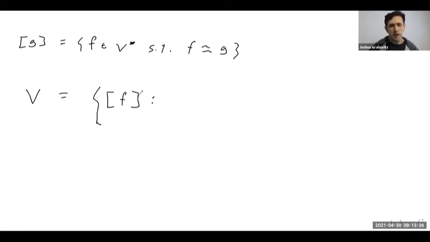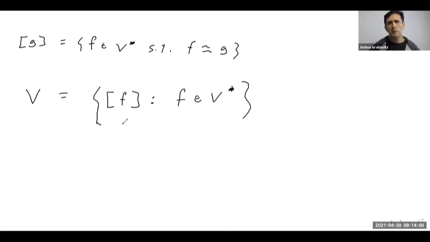And if you go through the integration videos, it'll be abundantly clear why we just don't care. We don't want to distinguish between two functions that differ on a set of measure 0. Sometimes you do, but for our purposes, we don't. So this is just the set of all classes for f in V star.